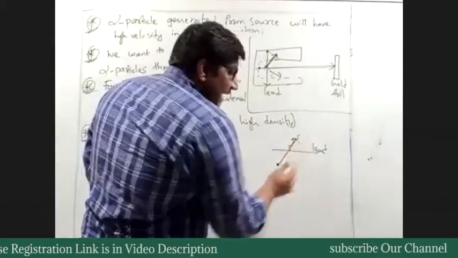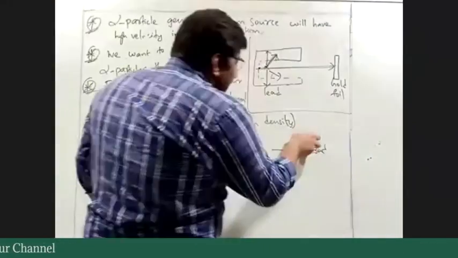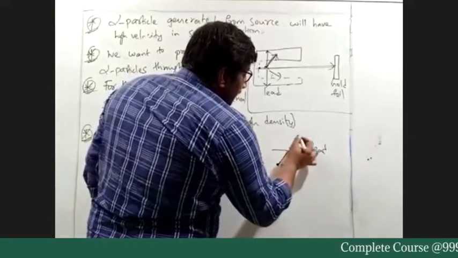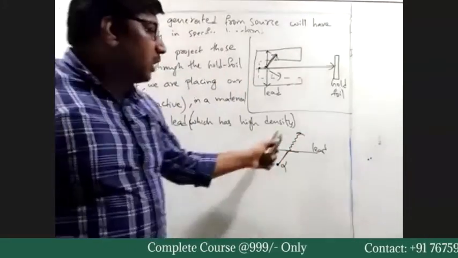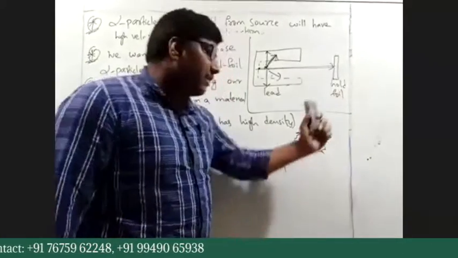We can draw the penetration like this, after hitting the wall. We want to stop that penetration of the alpha particle.